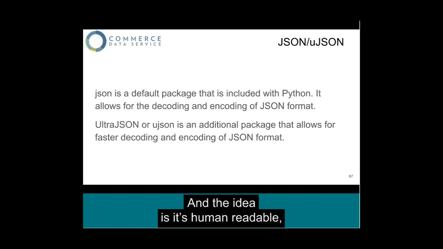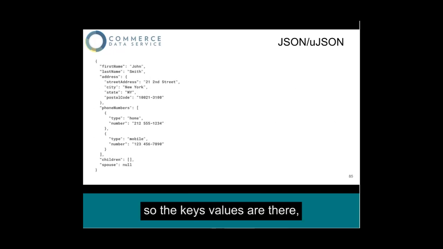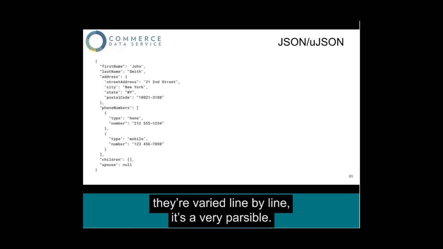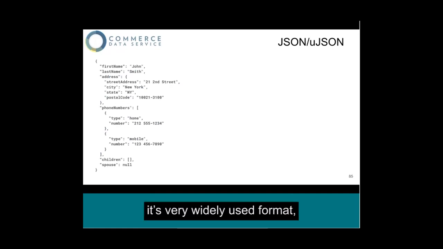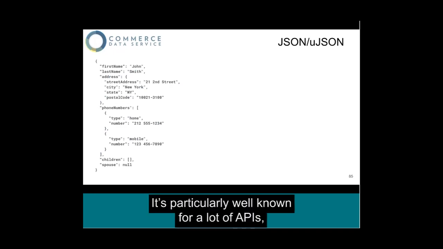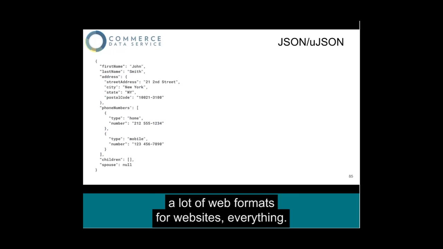And the idea is it's human readable. So the key values are there, they're very line by line, and it's very parsable. If you Google JSON on the internet, it's a very widely used format. It's very well known, particularly for a lot of APIs and a lot of web formats for websites and everything.